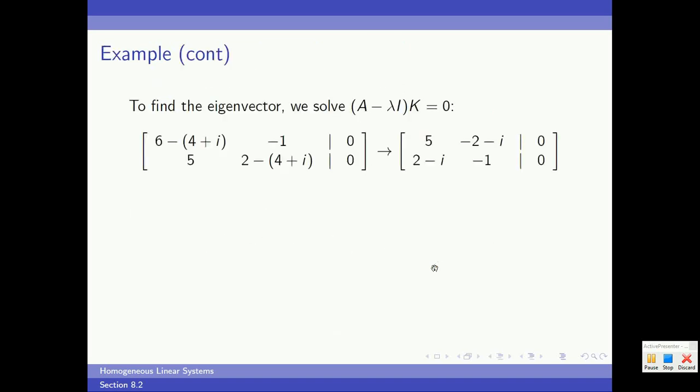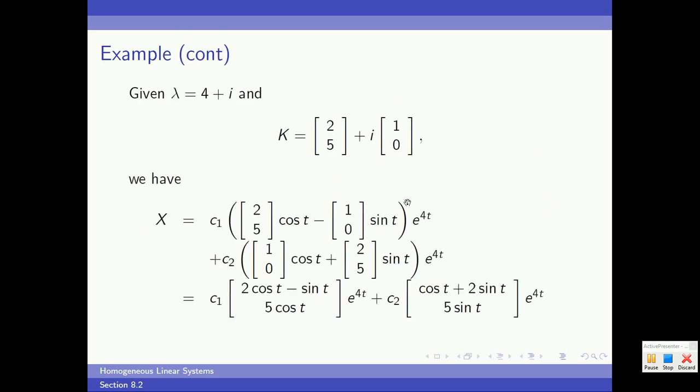So looking at this, we have, so our first one, our x1 is B1 cosine of beta t, our beta is 1, minus B2 sine of beta t is 1, e to the alpha t, so that's e to the 4t. Our x2, we flip these, so we have the imaginary part, cosine of t, plus the real part, sine t, e to the 4t.